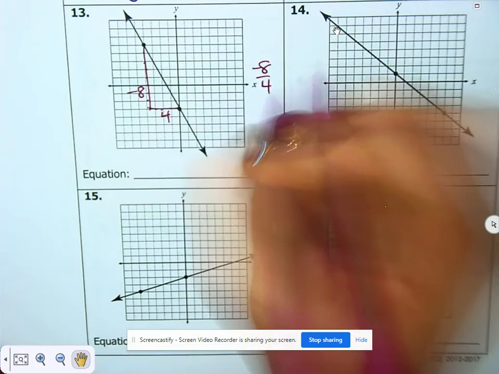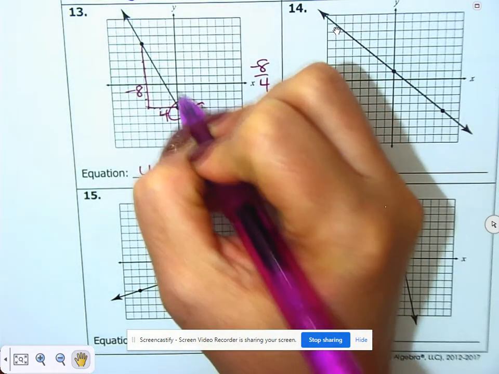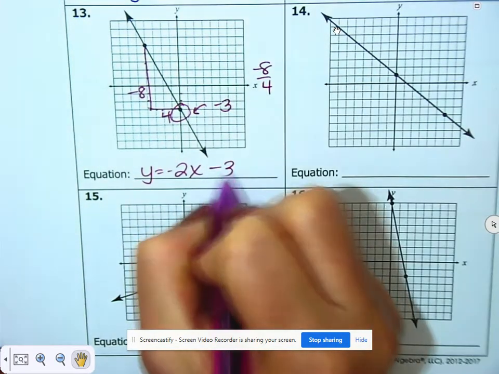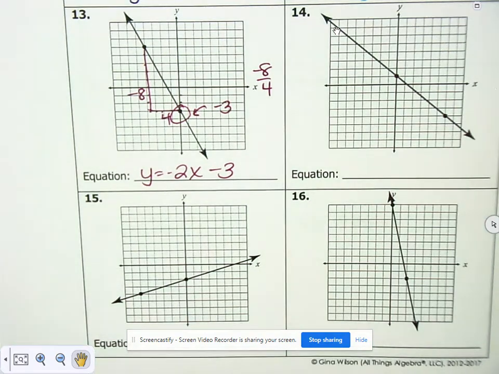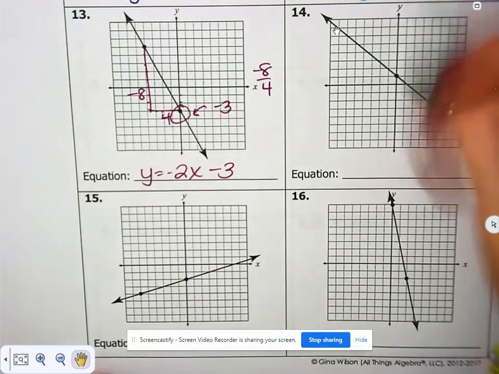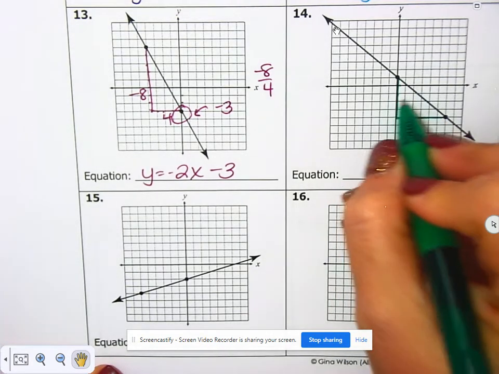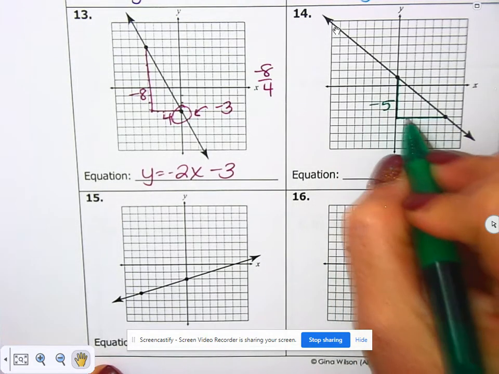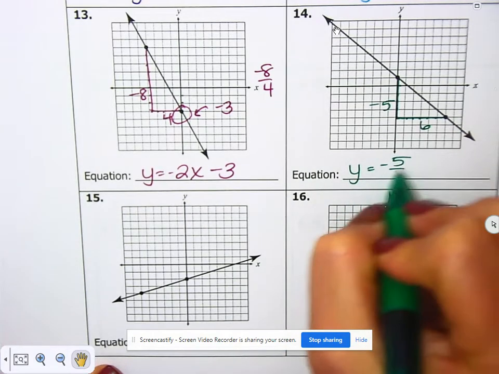-8 over 4, and -8 over 4 gives me -2x. And then this is -3. All right. -5 over 6.